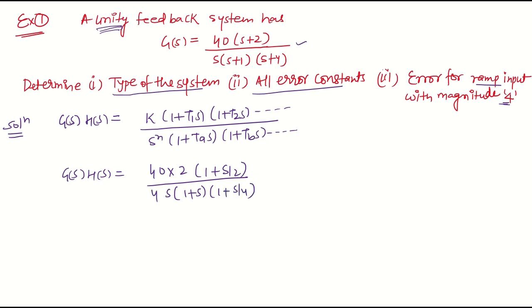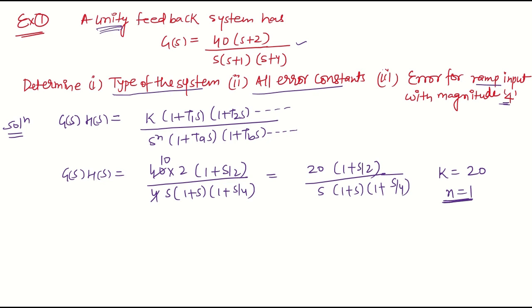So this will get cancelled, and this will be 20 times (1 plus s by 2) divided by s(1 plus s)(1 plus s by 4). Now we can compare these two equations. So the value of K here is 20 and the value of n is 1.